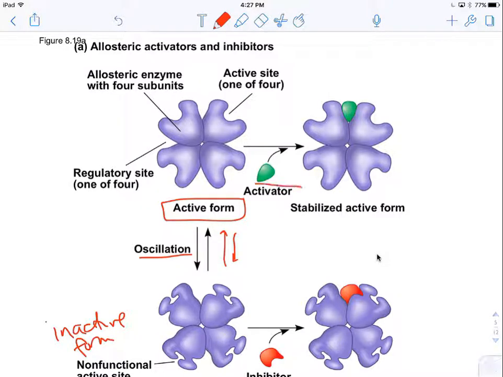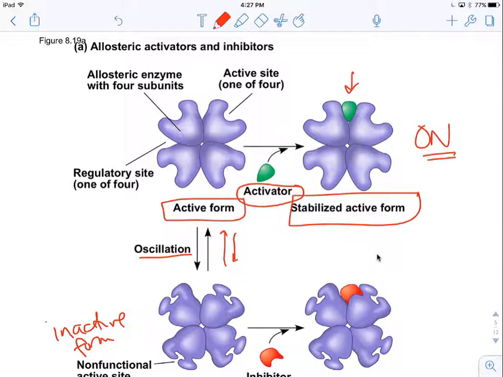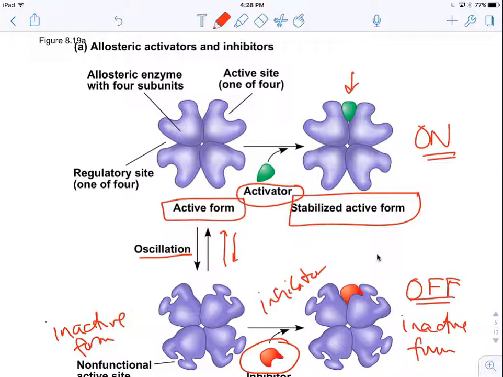If we add an activator molecule right here, it will stabilize the active form and turn your enzyme on. If we add an inhibitor, it stabilizes the inactive form and turns it off.